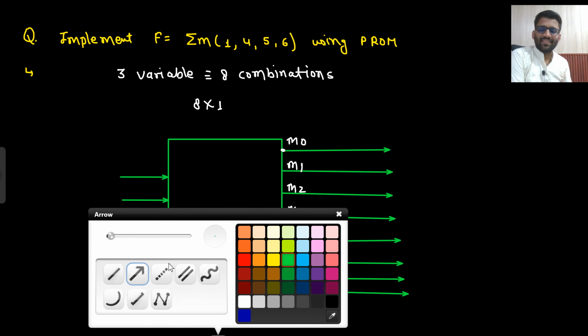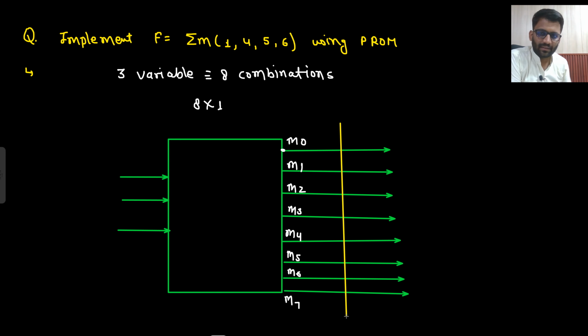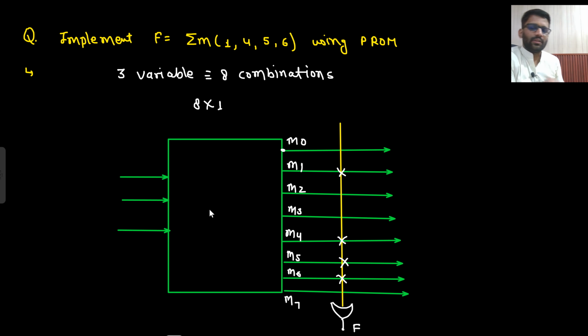So these I need: 1, 4, 5, 6. This is my F. Okay, so this is my 3:8 decoder.